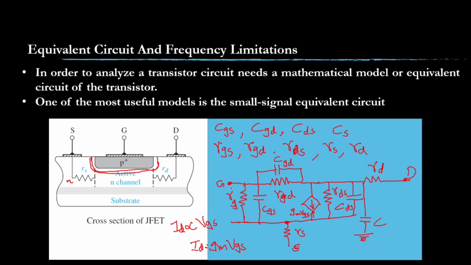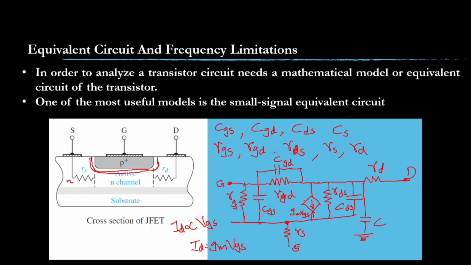So we have included all the junction capacitances, the diffusion resistances, the series resistances like RS and RD, the dependent current source, the parasitic capacitance between source and drain, and the channel resistance between source and drain, everything in this diagram.